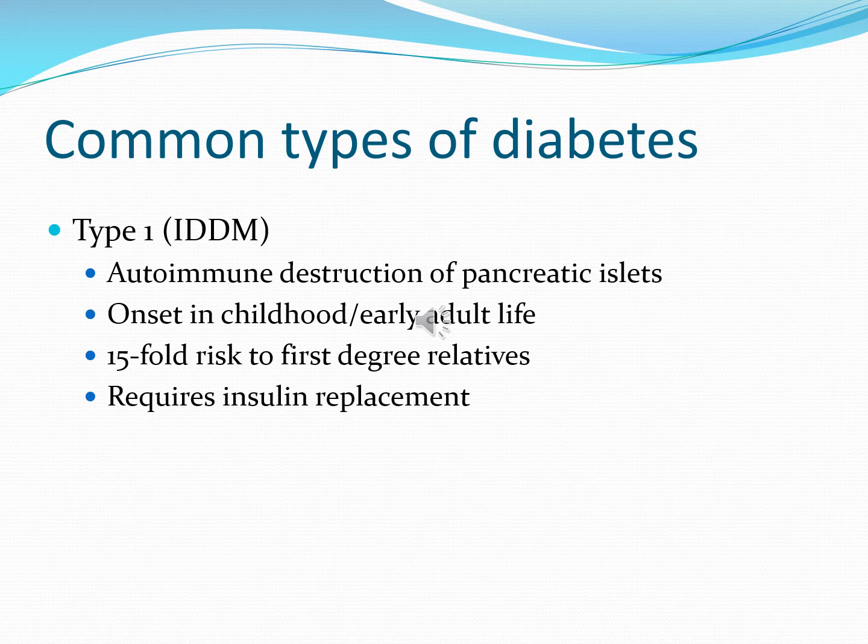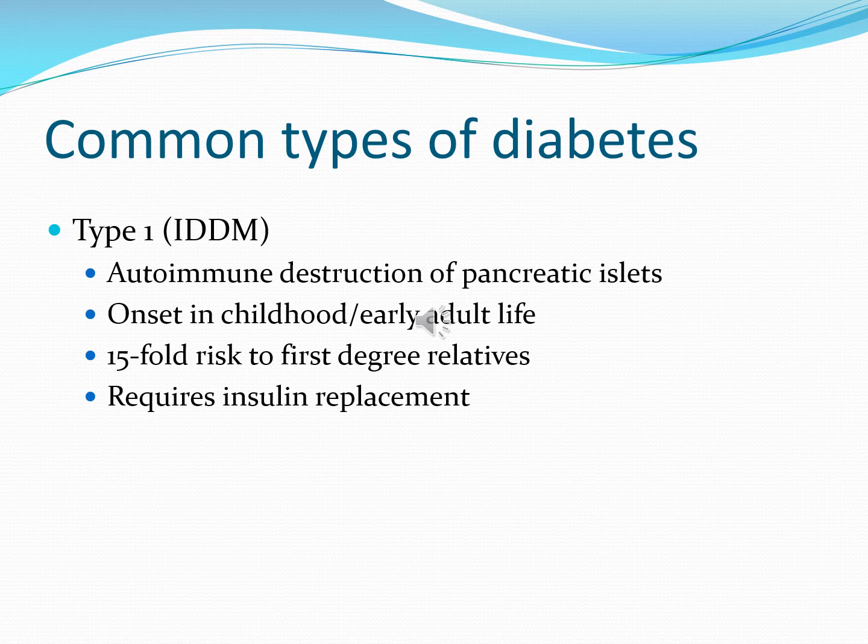Now type 1 is generally due to autoimmune destruction of pancreatic islets. Okay, autoantibodies are going to bind to your islet of Langerhans cells in your pancreas and destroy them, a bit like autoimmune thyroiditis that we discussed in the thyroid lectures.